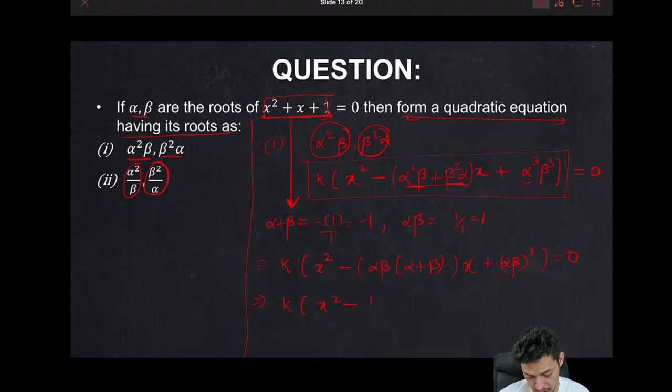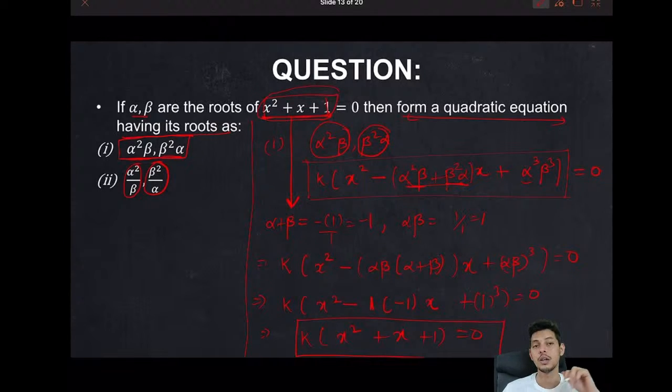Alpha beta we have got as 1, alpha plus beta we have got as minus 1, times x, plus alpha beta whole cube, so that is 1 whole cube, equal to 0. Or we get k times x square plus x plus 1 equal to 0, and this is a quadratic equation whose roots will be alpha square beta, beta square alpha, provided alpha, beta are the roots of this particular equation.